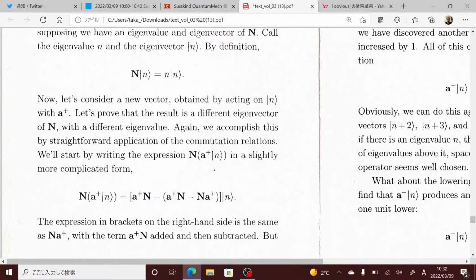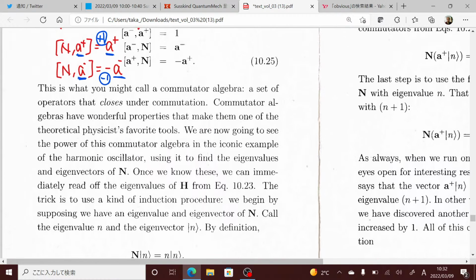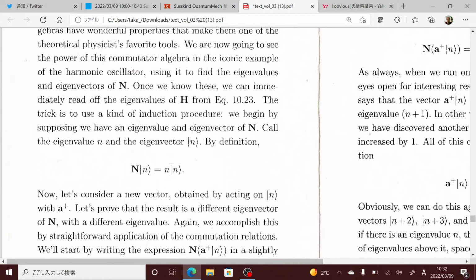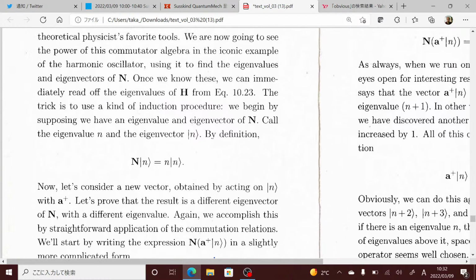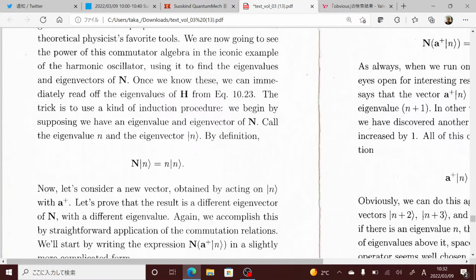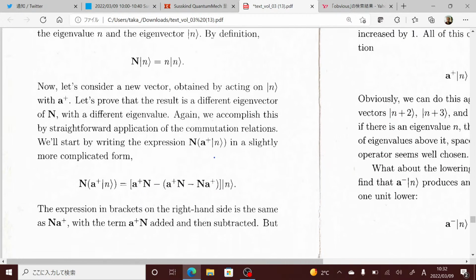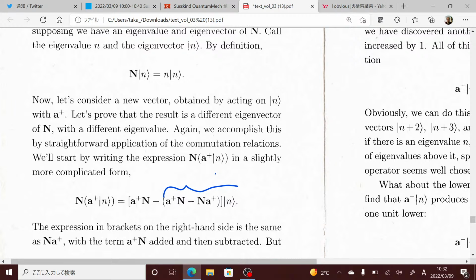No. n a plus minus a plus n, this is a plus n minus n a plus. This is minus a plus.